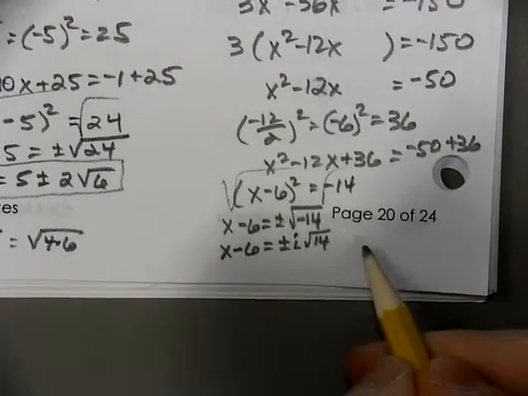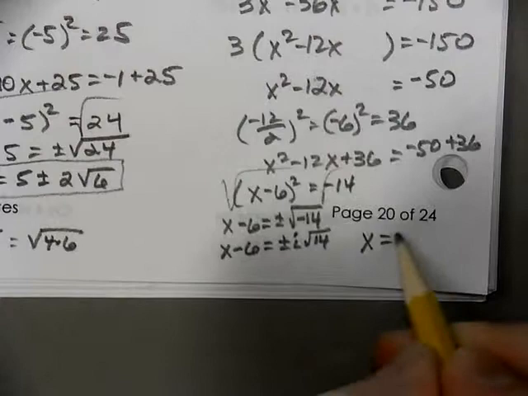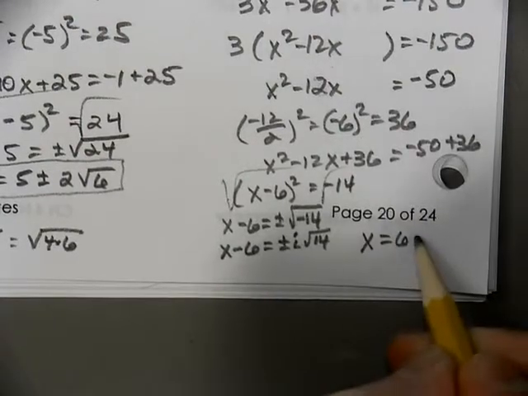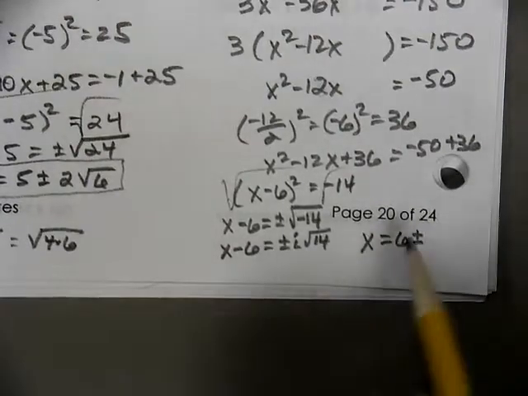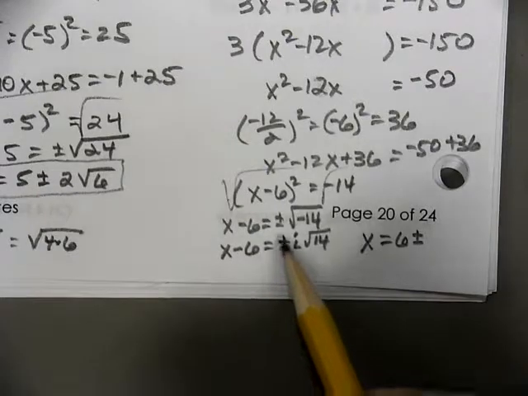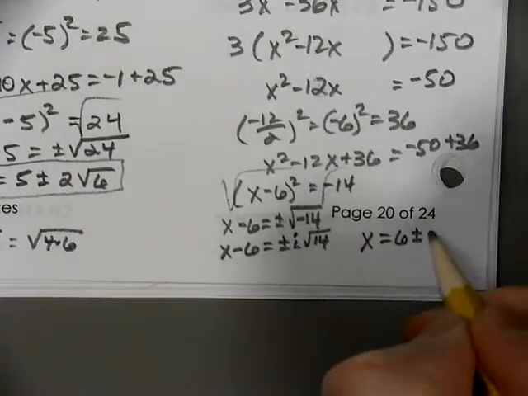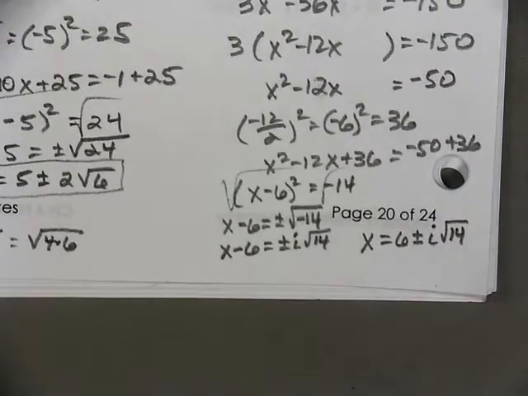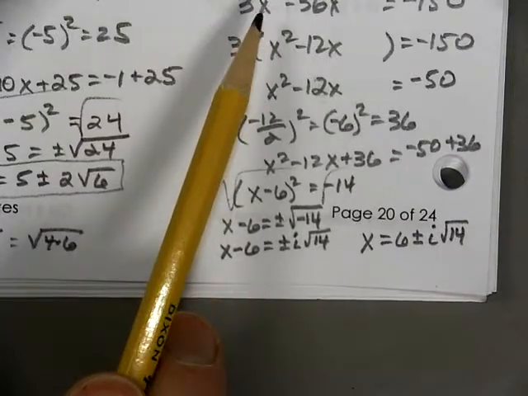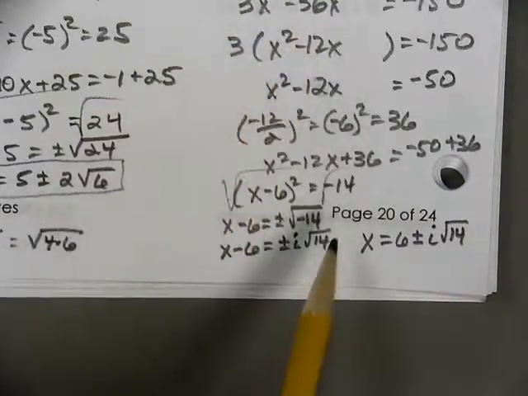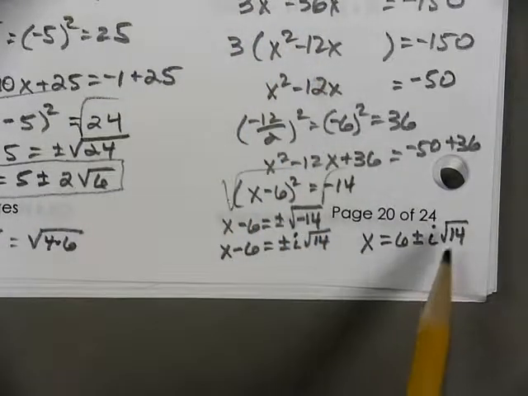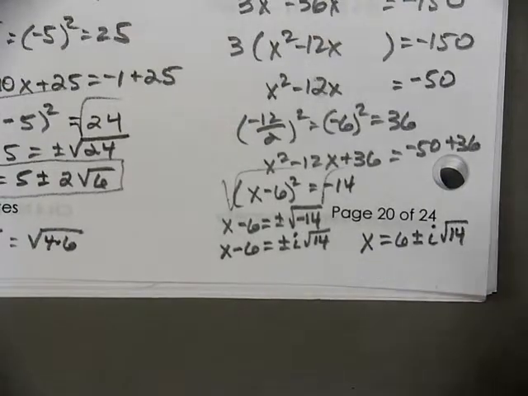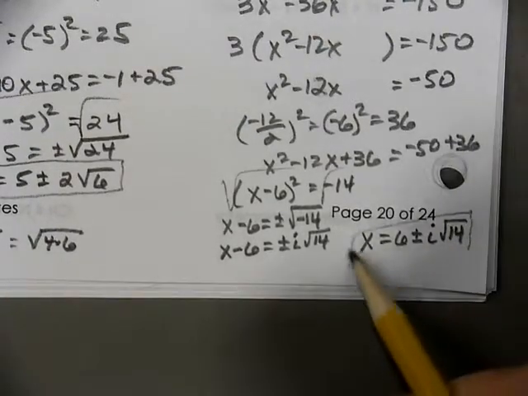And then add your 6 to the other side. So x, add the 6, plus or minus, look at the order. The 6 would go in front of the plus or minus. i square root 14. That just implies that this parabola does not cross the x-axis. So we have an imaginary solution for where it does, but at least we can answer the question.